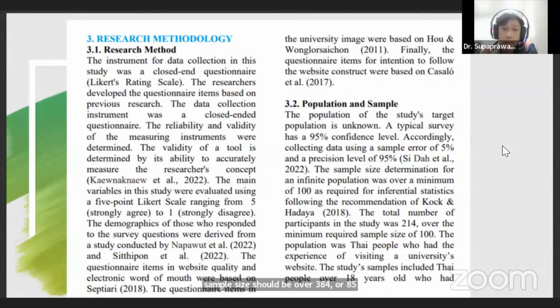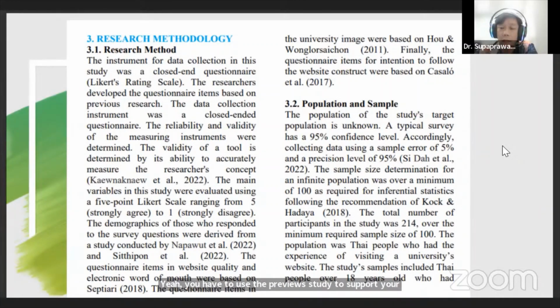If you adopt a sample size of only, in this case, 214, it means that you have to find previous study support. Why do you choose to select the sample size of only 214? You have to use the previous study to support your article.